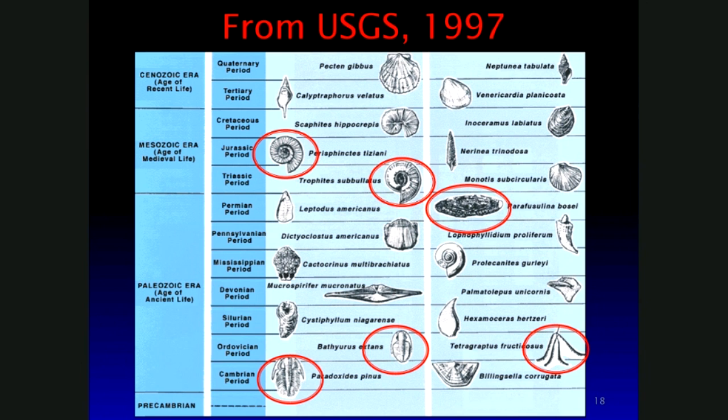So for each period, these particular organisms, species, are useful as index fossils, right? For example, Paradoxides spinosus, this is a trilobite. Likewise, Prophyllites subbullatus, that's an ammonite.